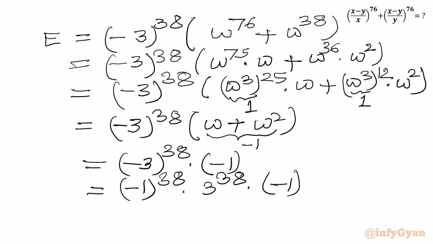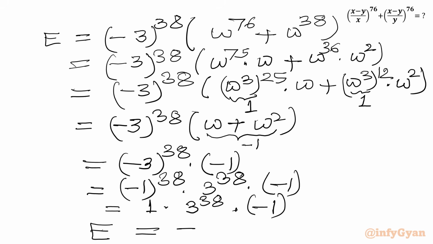Minus 1 raised to an even power is always 1. So we will get 1 times 3³⁸ times (−1). So our answer will become E equal to −3³⁸.